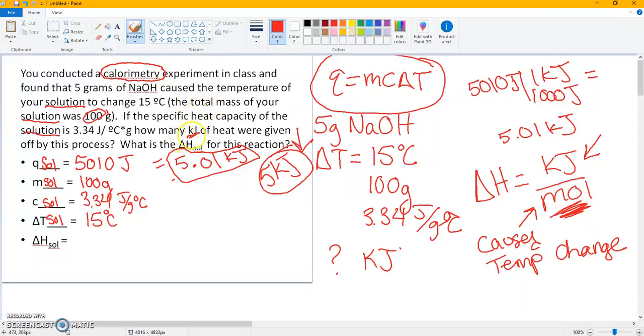Well, my water didn't do anything, it didn't break apart. But I know that sodium hydroxide breaks apart into sodium ions and hydroxide ions, and that uses energy. So therefore, I am going to take my 5 grams of sodium hydroxide, because that's the thing that caused the temperature change, and I'm going to convert it into moles.